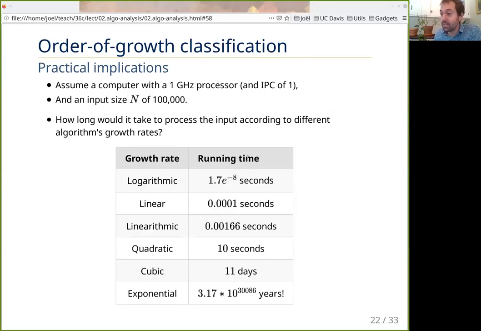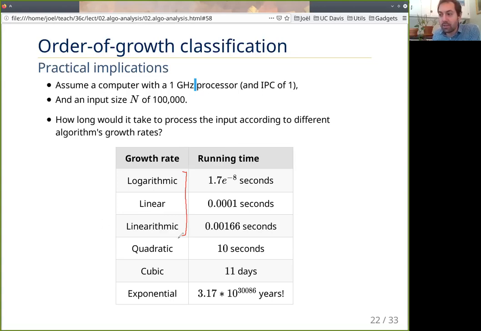So for example, you see that everything that's from logarithmic to linearithmic, it's pretty good, right? You're still way less than a second. So you will be able to process all of the items in just a fraction of a second.